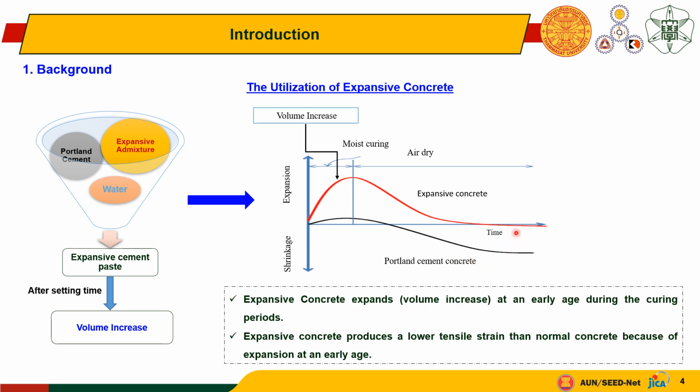After some time, we can see, for example, around here, the tensile strain of expansive concrete is smaller than normal concrete. So based on this concept, we can conclude that expansive concrete can prevent shrinkage cracking.